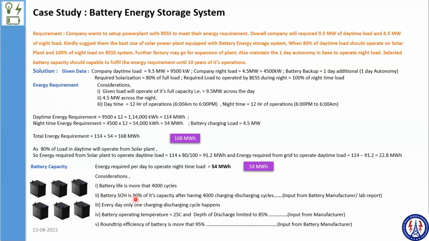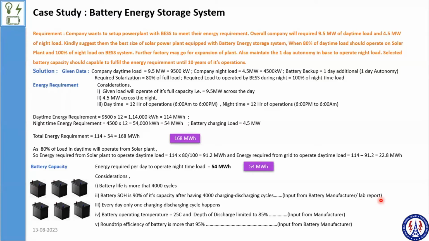How can I guarantee it will be 90% and not 80% or something less? Shall I ask it from the battery manufacturer? Yes. Like for solar panels, you ask the panel manufacturer. They say that at the 25th year, the entire generation would be reduced to 80% of its capacity.